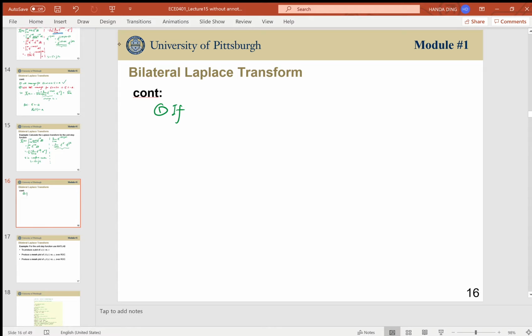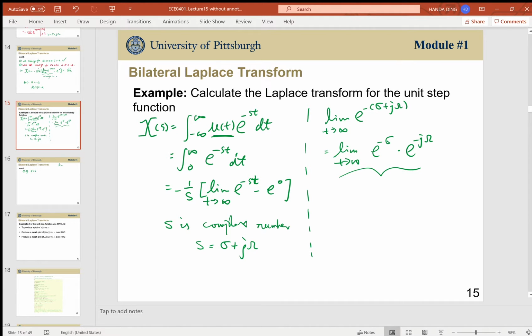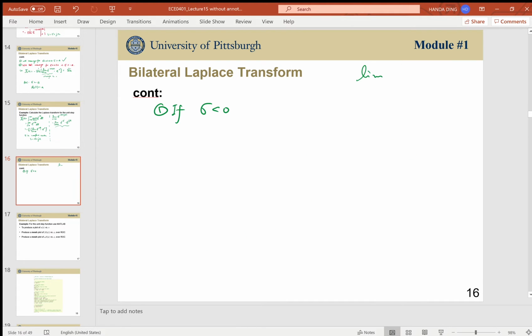First guess, based on the equation we have, let me write here for you.